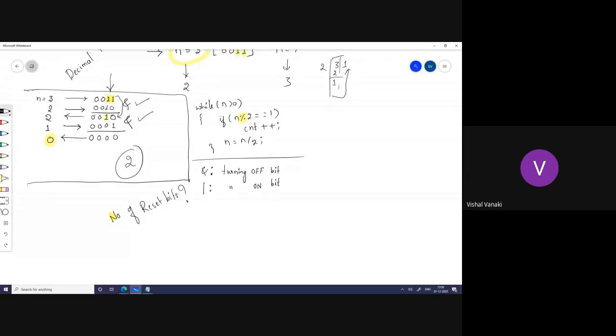So let's say I'm using a 16-bit compiler and the given input is 3, right? How many reset bits are there in 3 with respect to 16-bit compiler?